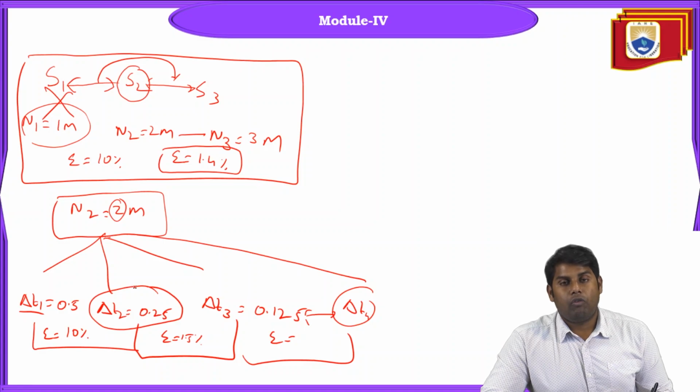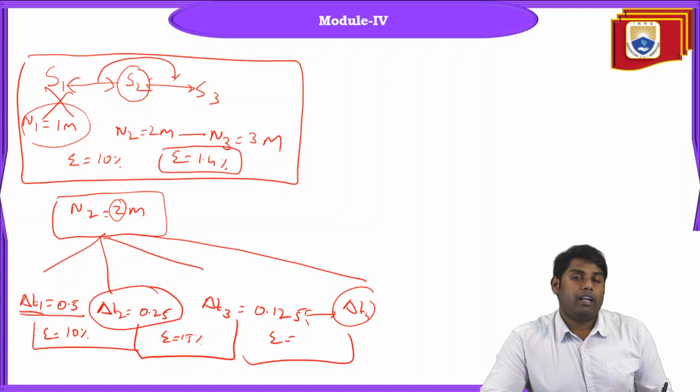Why do we take this? What happens if we take delta t1? If you take delta t1, you will over predict or under predict the simulation results. When performing a numerical simulation, the accuracy, the convergence and the consistency of the simulation are all very important.